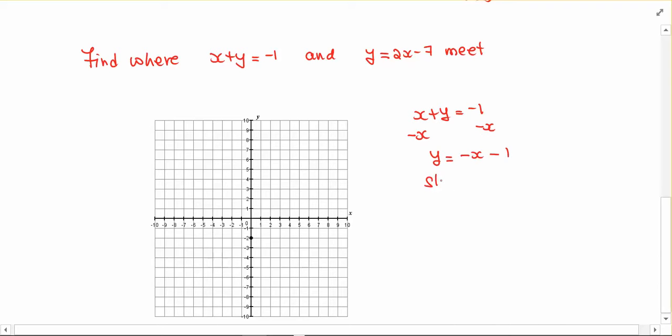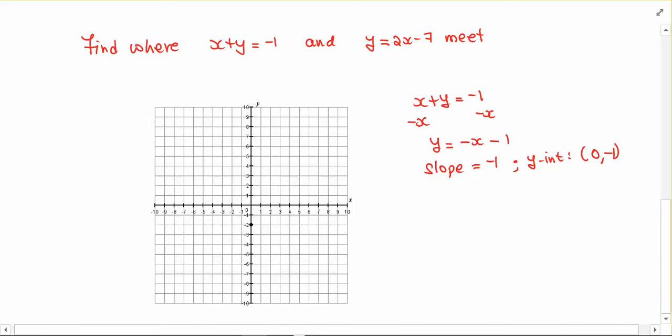So the slope on this, if you remember from your graphing times, is minus 1, and the y-intercept is 0, minus 1. So starting at the origin, go down to 0, minus 1 right there, and then I'm going to go down 1 and over 1.